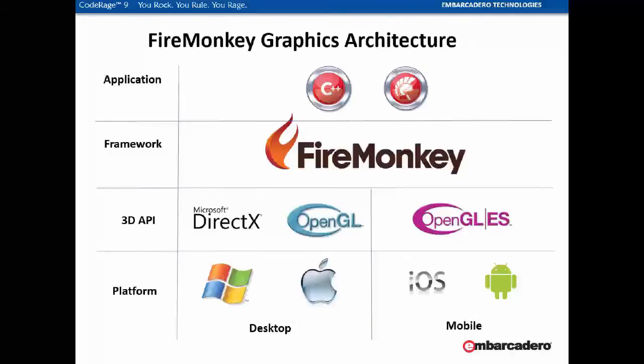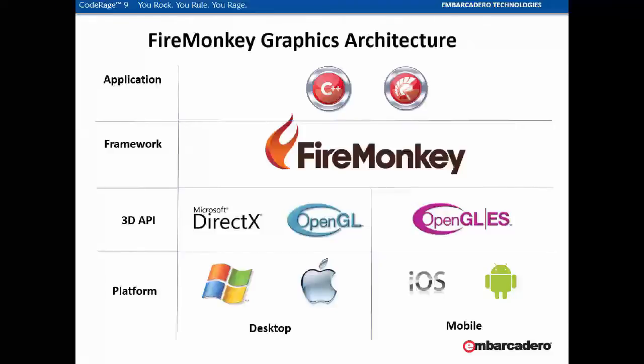The architecture behind the 3D development in FireMonkey is based on abstracting away the complexities of the underlying 3D APIs. So you can use either of the two programming languages, C++ or Object Pascal, and then you are using abstractions provided by the FireMonkey framework to actually call different 3D APIs on different platforms.